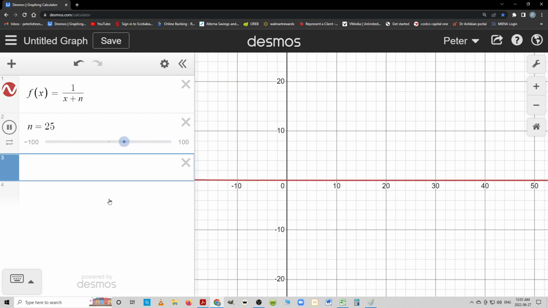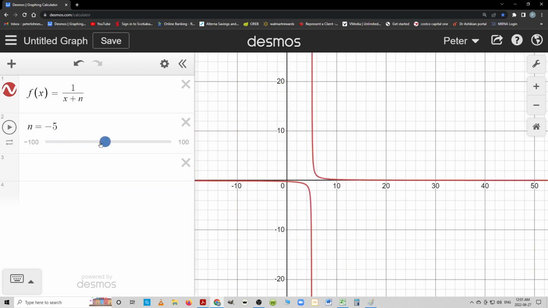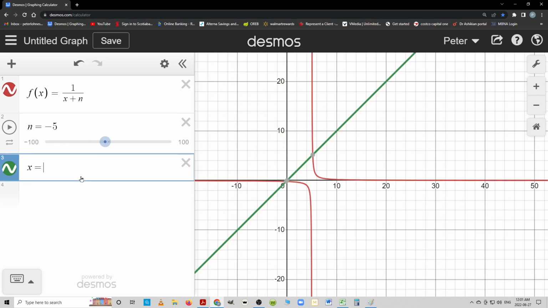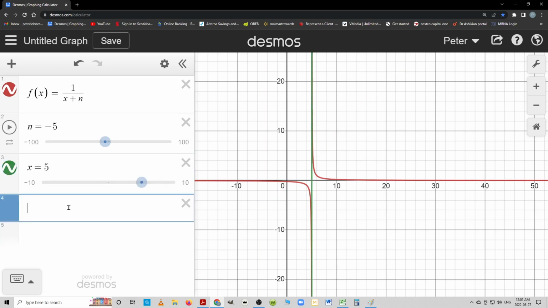So you could state, if you stop it anywhere, let's say -5, right? Here is the x is equal to +5. So you could state the restriction on the domain as x cannot be n.